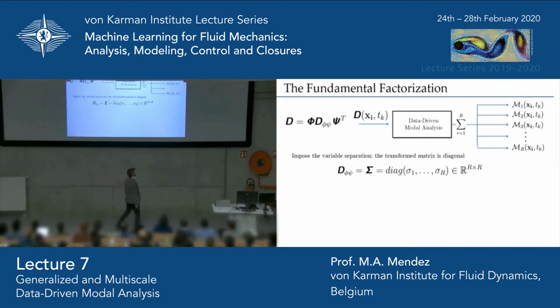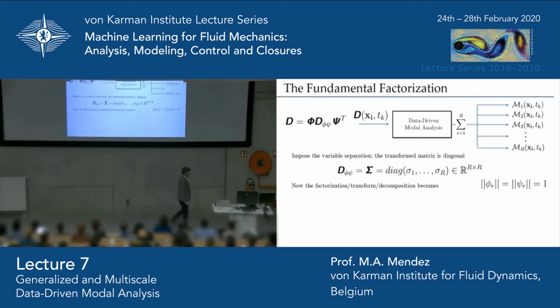Okay, and so the general factorial transform will be phi sigma psi transpose. Another constraint that typically you add, in order to have these guys being representative of the contribution of each mode, is to ask that the basis elements have a unitary length. Okay, they might not be orthogonal, but at least they should have unitary length.